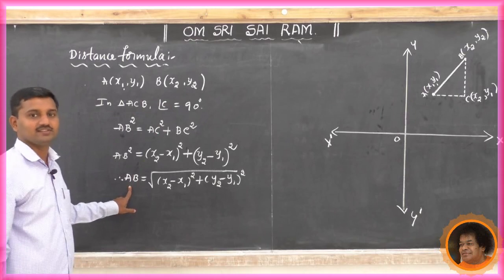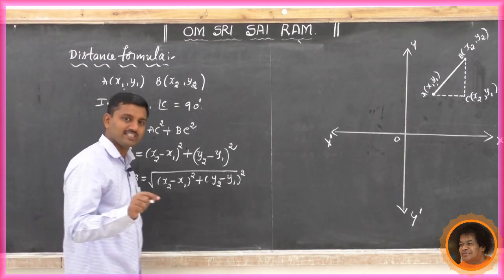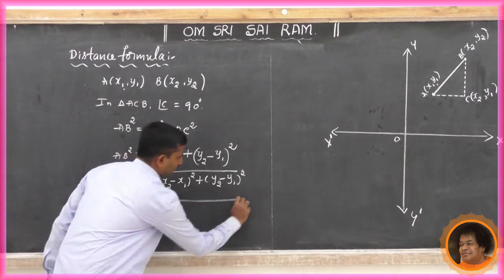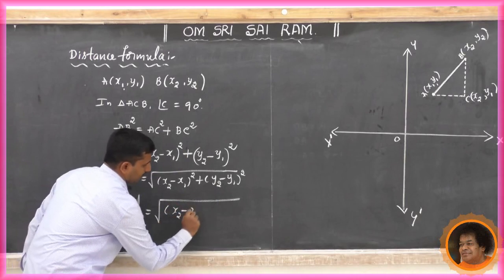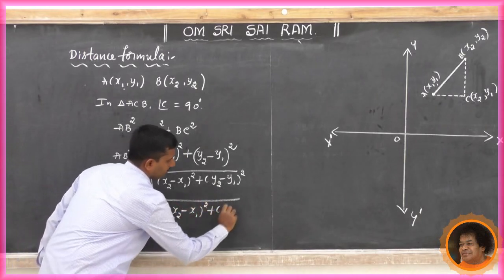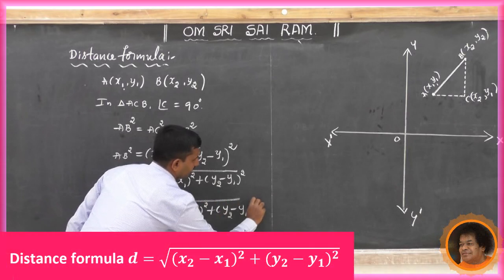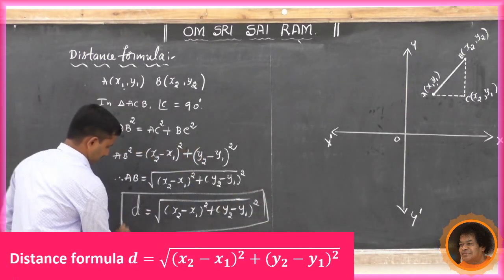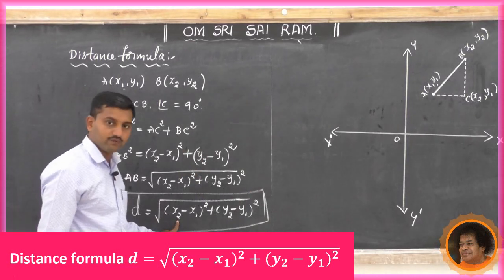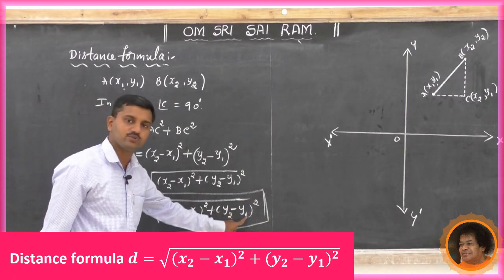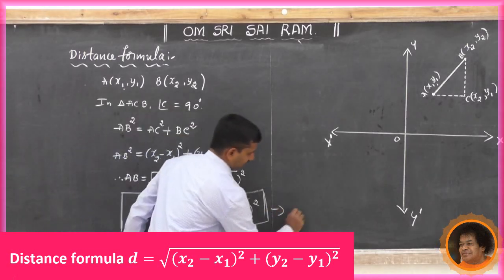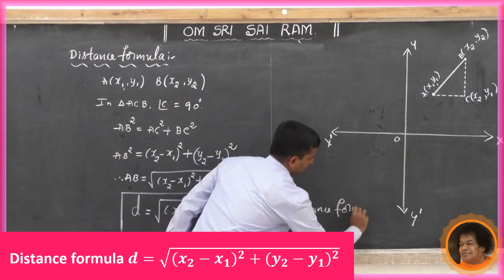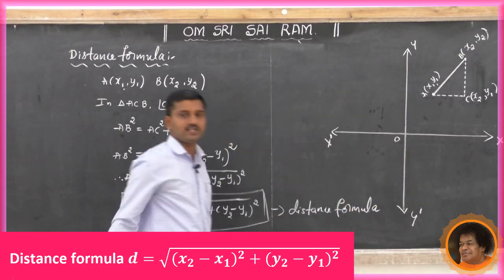The distance is denoted as D. So D equals the square root of x2 minus x1 whole square plus y2 minus y1 whole square. So this is known as the distance formula.